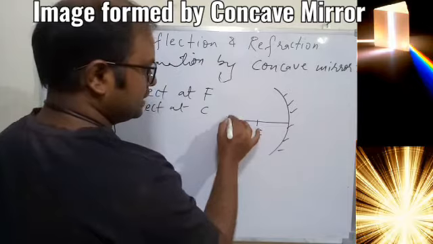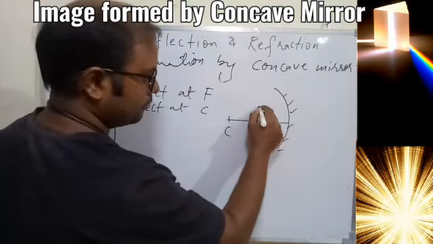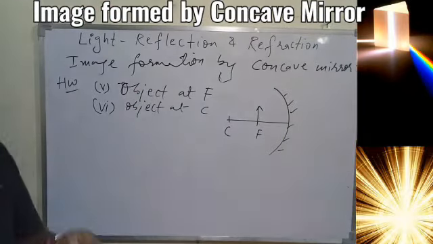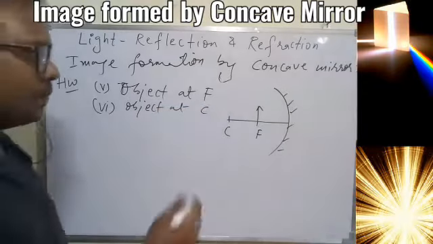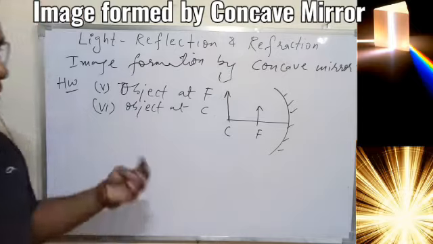So that is F and C. In the first case, you place the object at the focus only and complete the ray diagram. Just see what kind of image you get if you place it at F, and then try for C also. Place the object at C, that is a separate case.